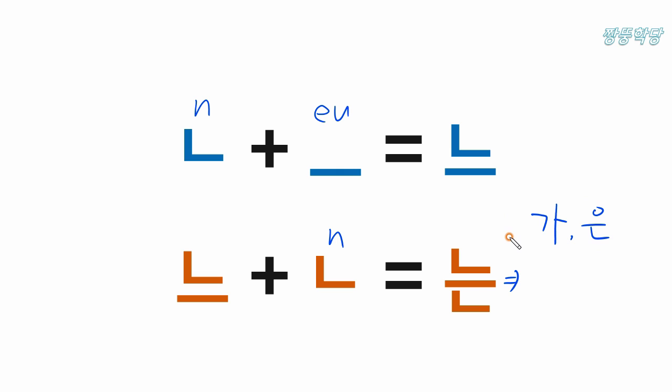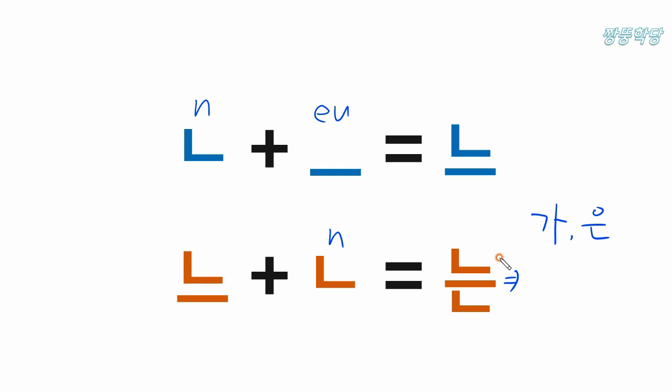Surprisingly, we have one more indicator for subject. So Korean language has lots of indicator for subject. 는 is also another kind of indicator for subject.